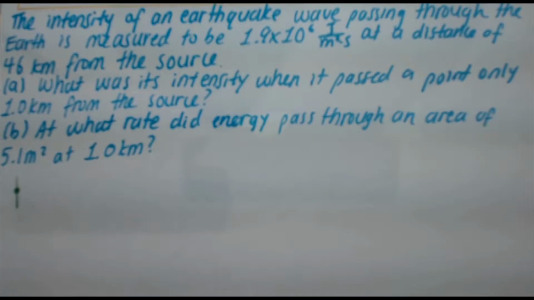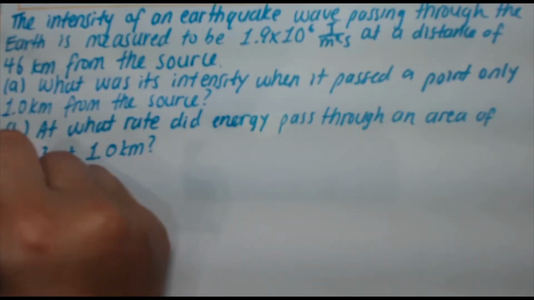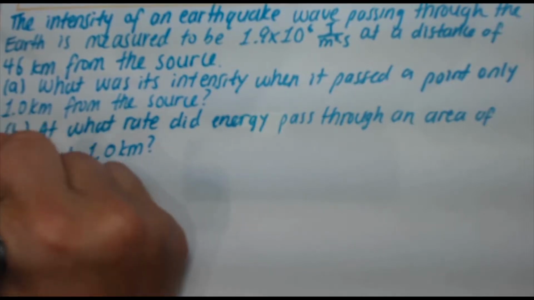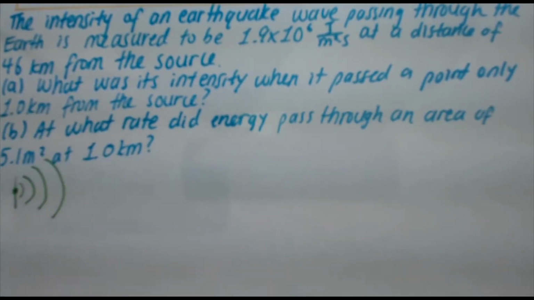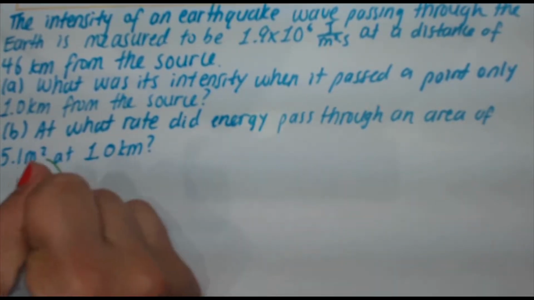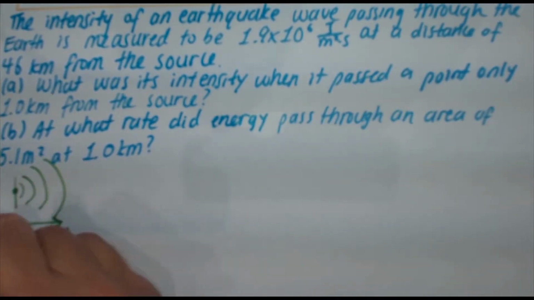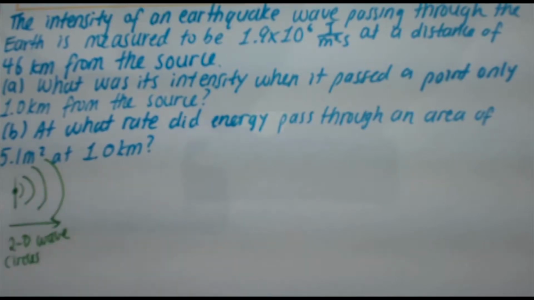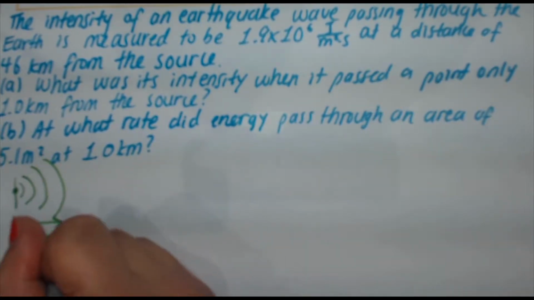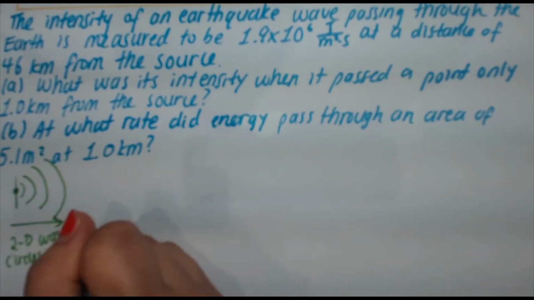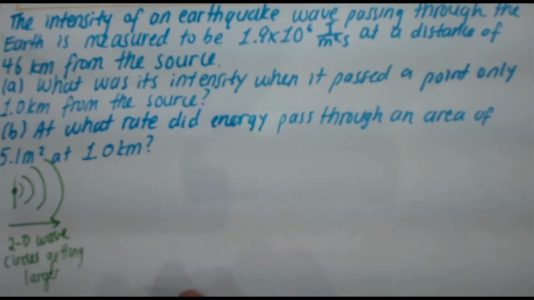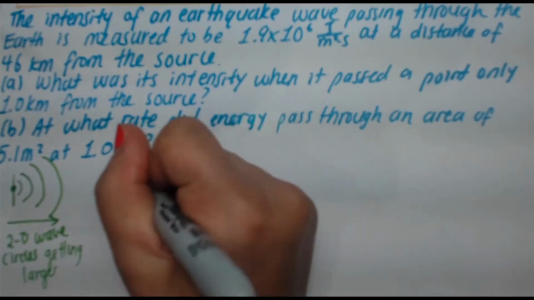Okay, so imagine this is the source of your wave. If we consider the wave going out in one direction, two-dimensionally, we see the wave crest moving out as circles, right? And they move outwards. So a two-dimensional wave, you have circles getting larger. In this case, it's an earthquake. So we're not really dealing with the two-dimensional system here. We have a three-dimensional system.